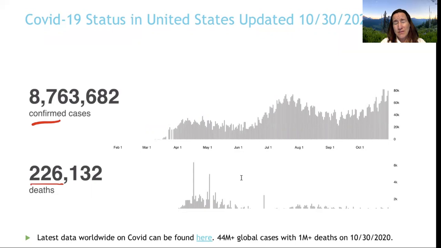It is clearly a very, very serious virus that we need to take under serious consideration. Globally, over 44 million people have come down with coronavirus, and out of that, over 1 million people have died, with the US having a significant chunk of those fatal infections.